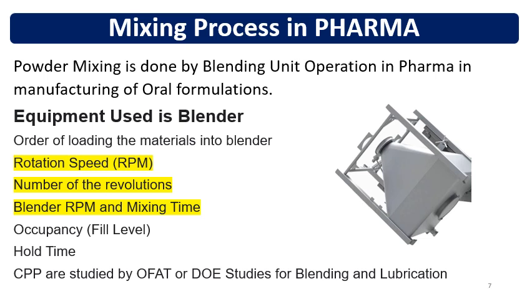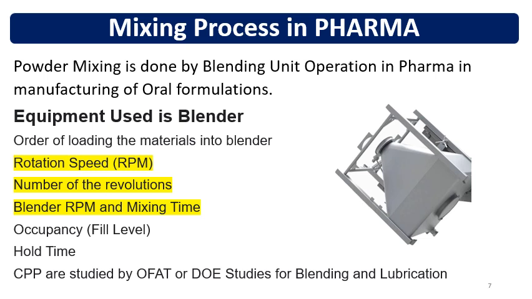The powder will have different materials like API, diluents, disintegrants, lubricants, and all these materials will be mixed into a blender. That equipment is called as blender, and the process is called as blending.